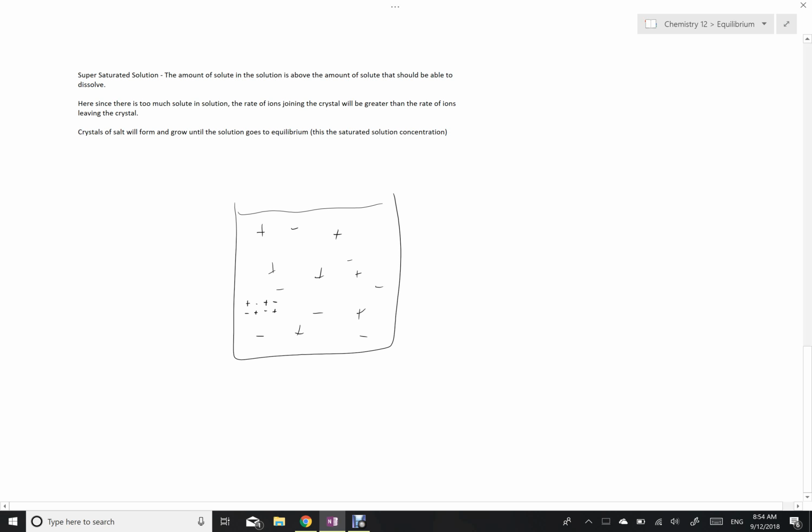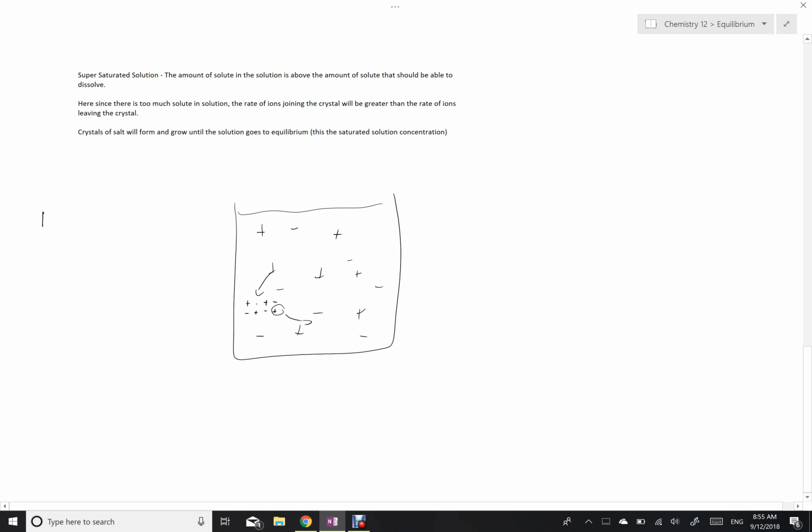Because the concentration of ions in solution is so high, the rate at which they join the crystal will be very fast. In fact, it will be faster than the rate at which they leave the crystal. What this means is then the crystal will grow or get larger. And it will continue to grow and get larger until the concentration of ions in solution goes down to the saturation point.